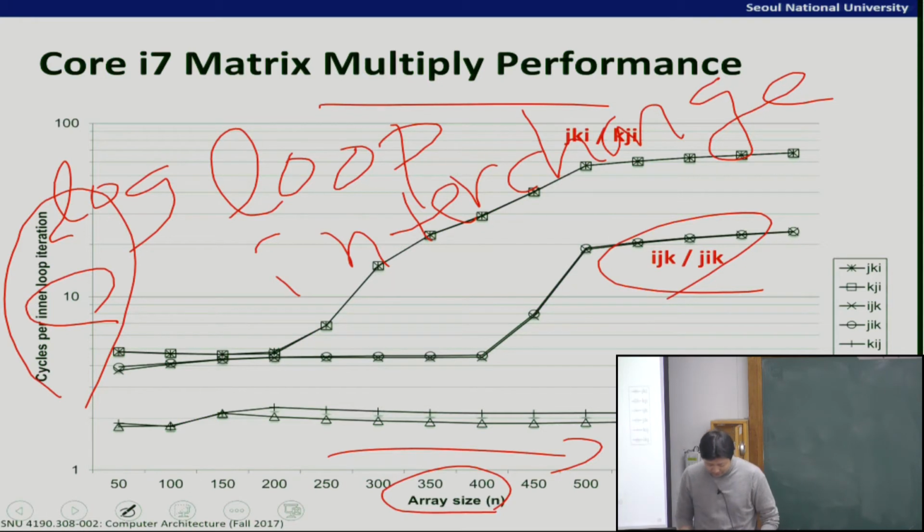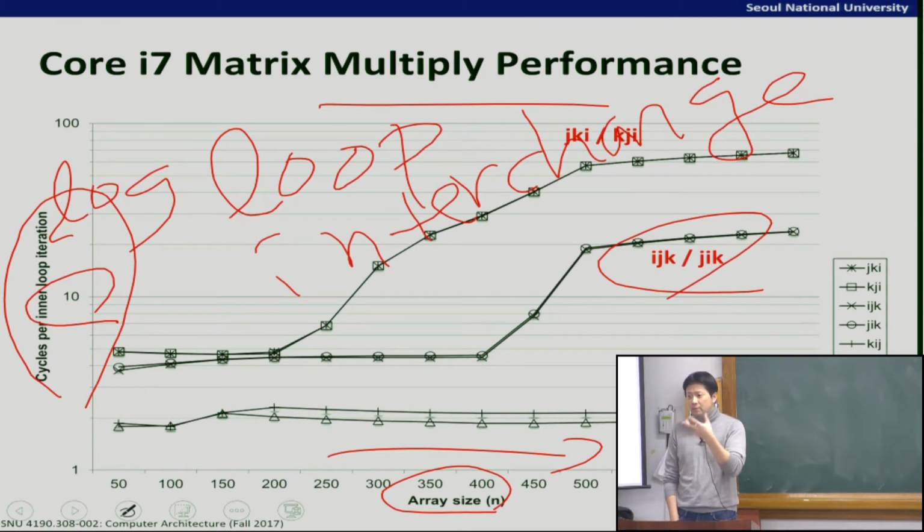May or may not, but this is a very important topic in compiler design, because if you design the compiler well, then the compiler is smart enough to change the order of the loop to optimize performance and so on.